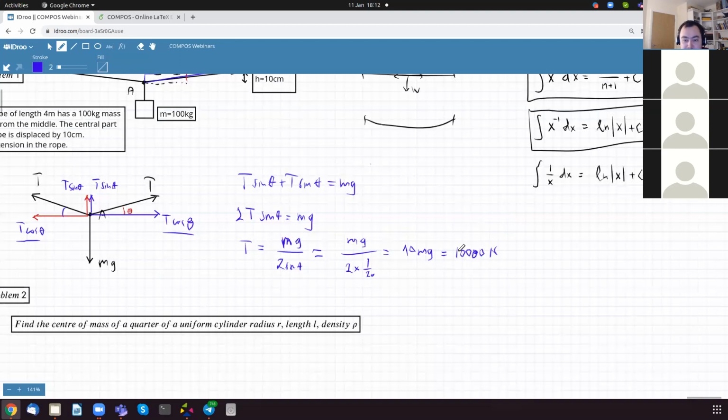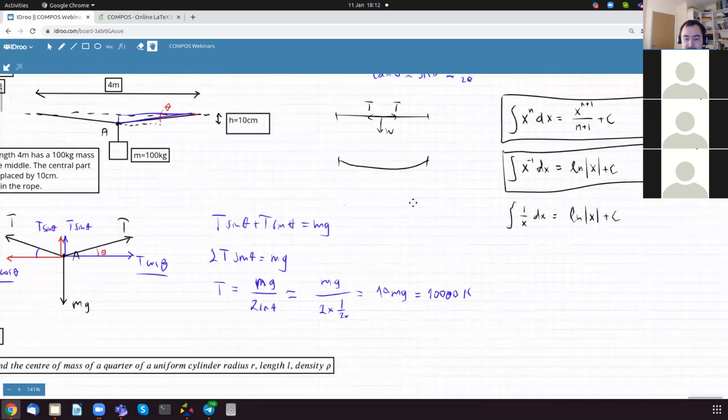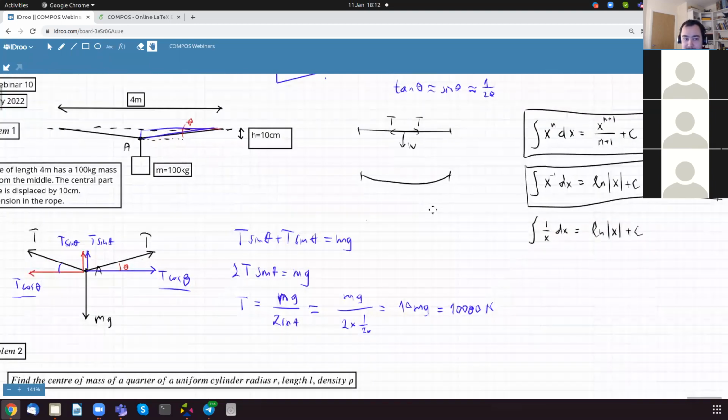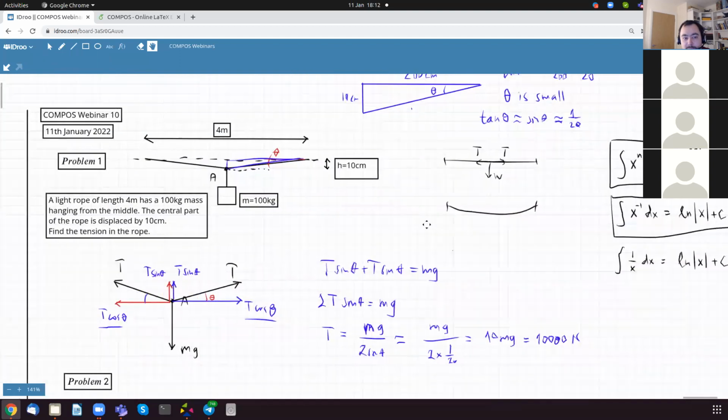You can also realize that the tension in the rope is 10 times the weight of the mass. It's quite important to understand that in this scenario, because these two small components have to compensate the huge weight, the tension has to be quite large.